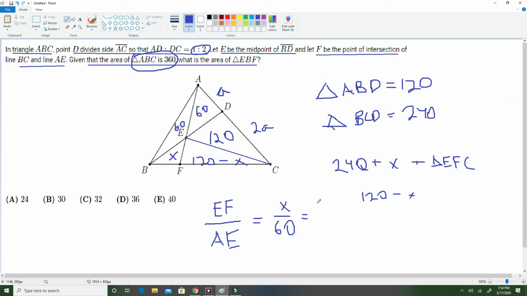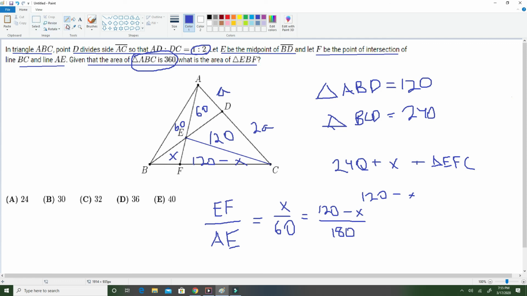We write 120 minus x over 180 is equal to EF over AE, which is equal to x over 60. With that, we get a relationship in terms of x, which we can solve in order to find the value of x, and thus the area of EBF.